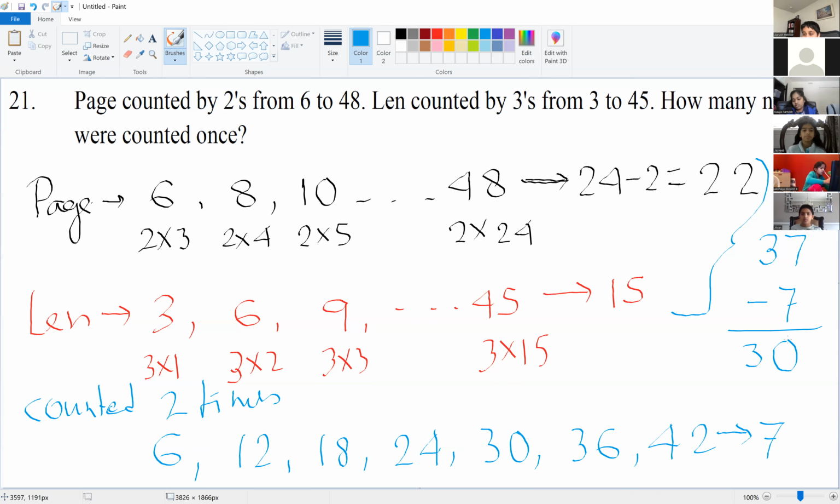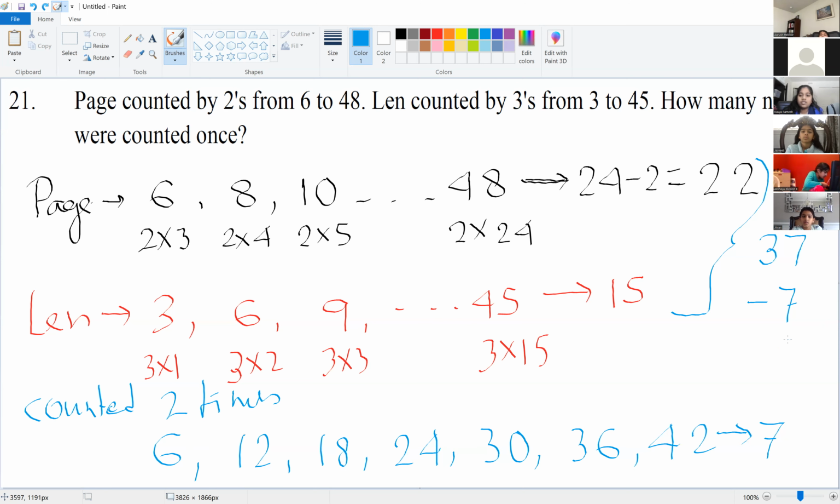I just wrote all the numbers. Hold on. One second. There is one piece missing. These numbers were double counted. So should I subtract 7 or 14? The question is saying how many numbers were counted.